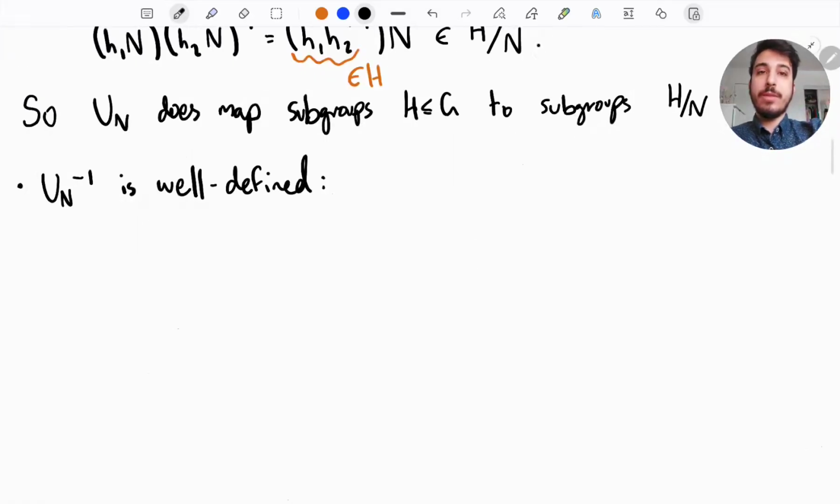So the first thing to prove that anything is a subgroup, we need to see it's non-empty. So let K be a subgroup of the quotient group G/N.